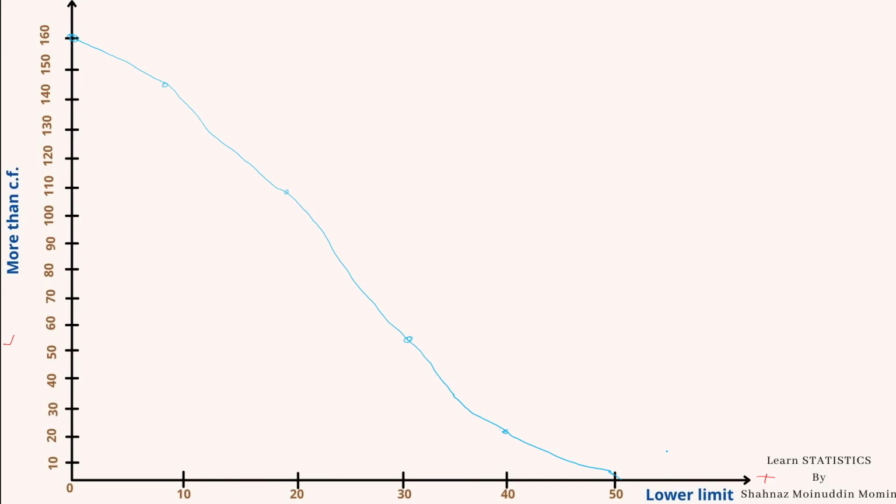And further, we learned how to draw the less than ogive curve and the more than ogive curve. The less than ogive curve looks like the alphabet S and the more than ogive curve looks like an inverted S. In this way, we have seen the ogive curves.